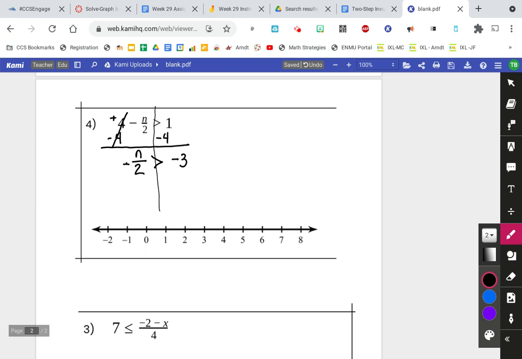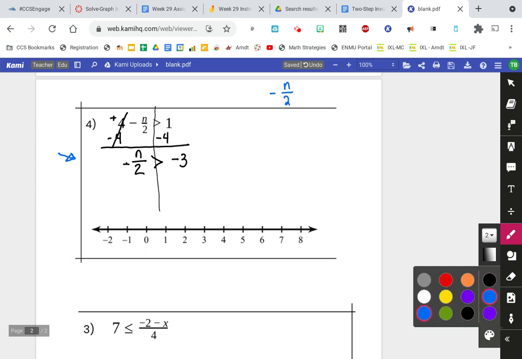Notice I did not reverse the inequality symbol because I subtracted 4 on both sides. That does not meet the qualifications. So I'm trying to isolate the variable, and the variable is still on the left. And I need us to talk about this negative n over 2.